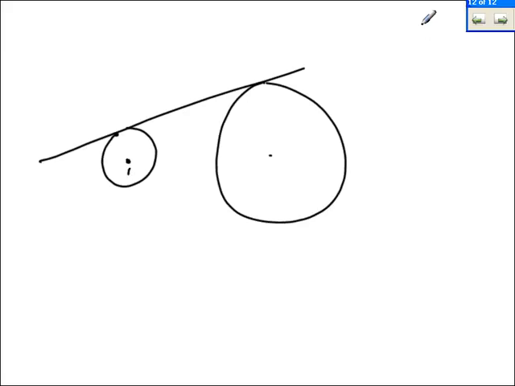Call the centers Q and R. In fact, if you connected the centers, they meet with the tangent line at, say, point P. And we'll call this point S and this point of tangency T.